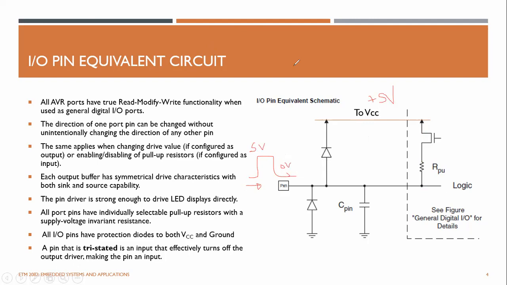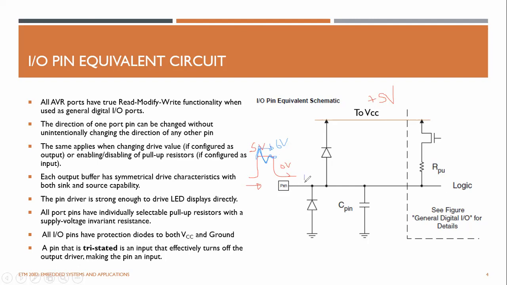Sometimes due to some external effects or switching of inductive loads, there could be some spikes on top of this waveform. This is not a nice and clean 5 volt. Instead, it could have some kind of bumps, like that voltage could rise to 6 volt.